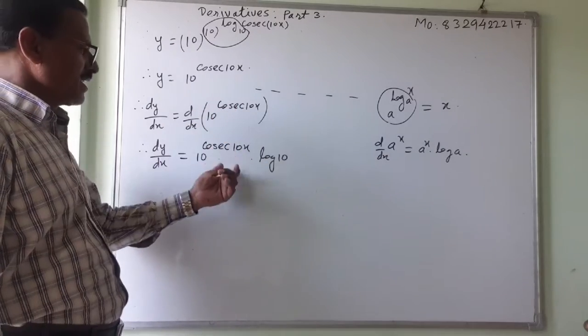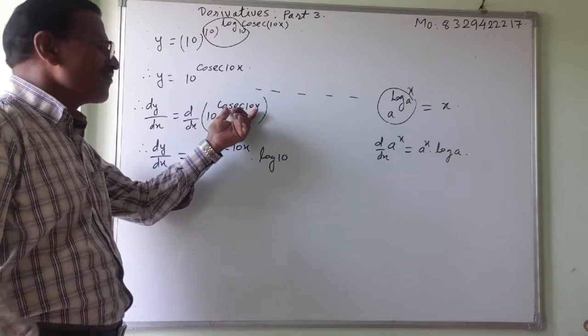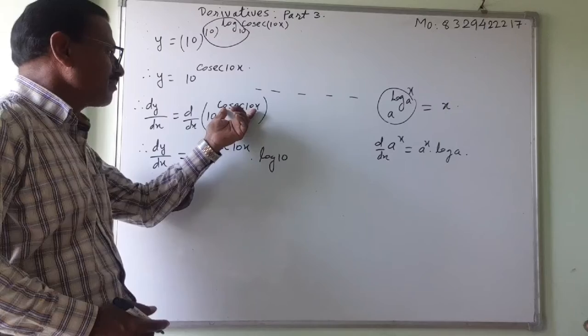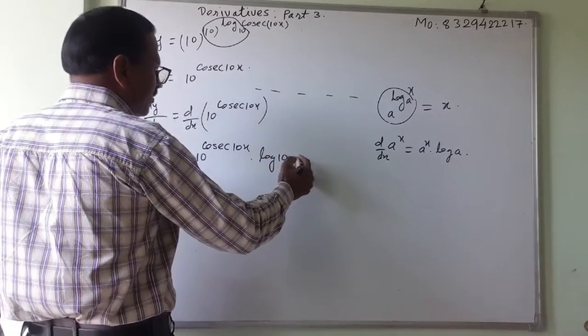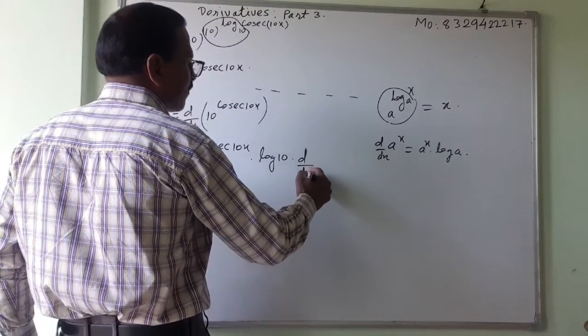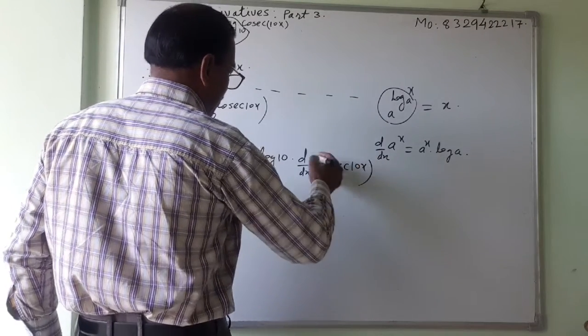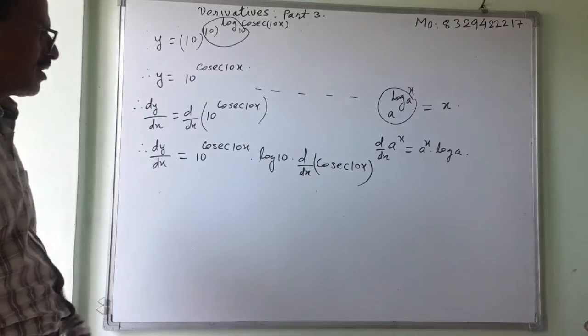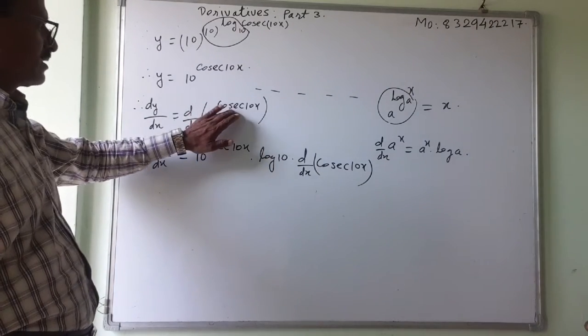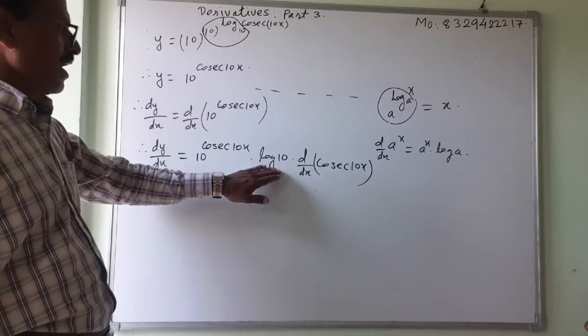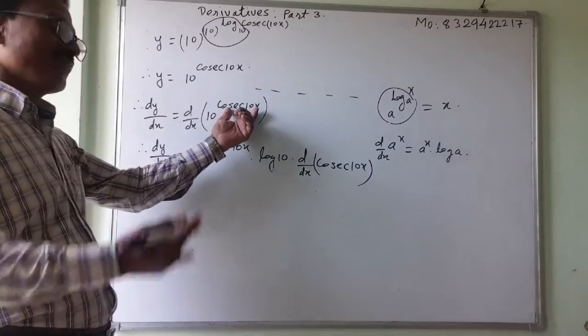A raised to x is done, but this x is different, so I have to multiply by the derivative of it, into d by dx of cosec 10x. This is the chain rule. A raised to x, a raised to x log a, but this x is different.